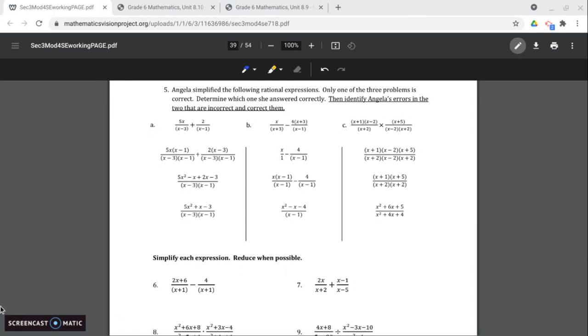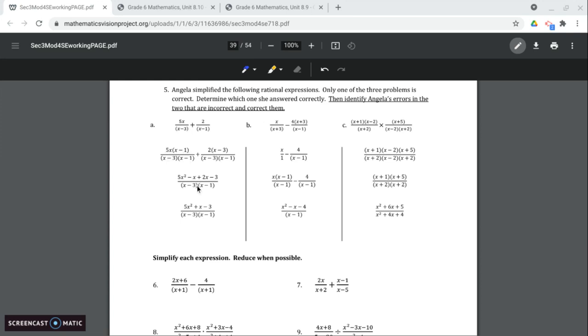So we have 5 over x minus 3 plus 2 over x minus 1. She multiplied the first fraction by x minus 1, both top and bottom. So far, so good. Then she multiplied this one both by x minus 3 because we need a common denominator to add. Then she multiplied through, so she multiplied 5x times x to get 5x squared.